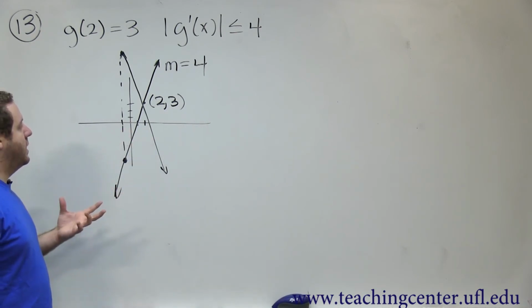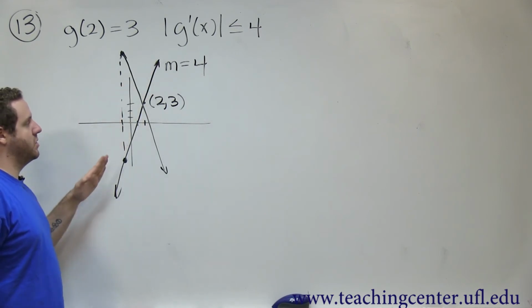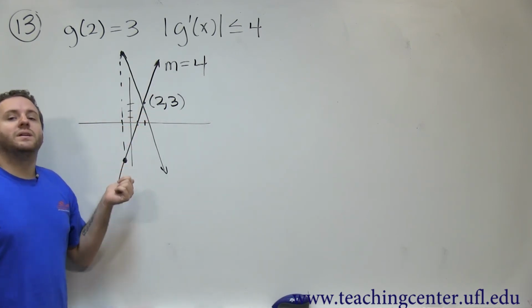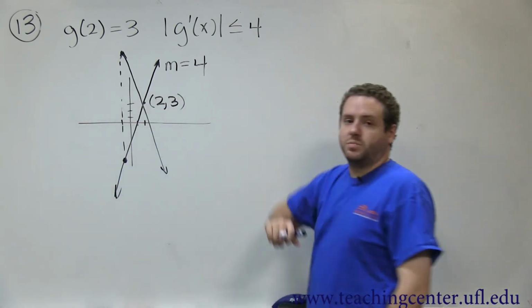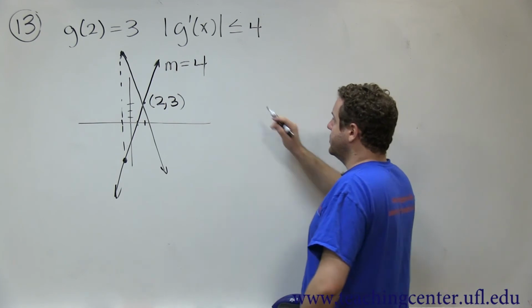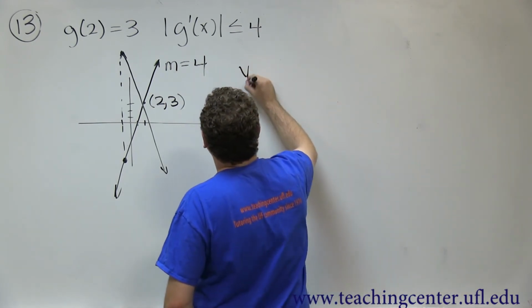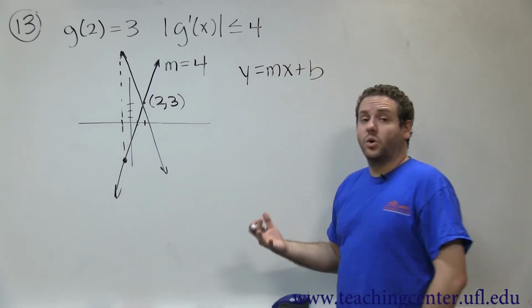So this question now becomes: if you have a line of slope 4, and it goes through the point (2, 3), what does it go through at negative 1? Well, let's make the line and then just plug in negative 1. So if we have a slope of 4, and it goes through the point (2, 3), I'll just use y equals mx plus b to get my equation of the line.